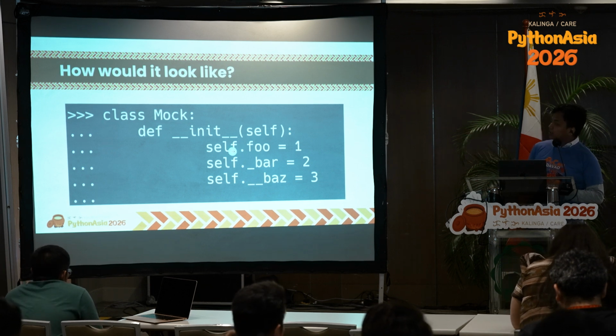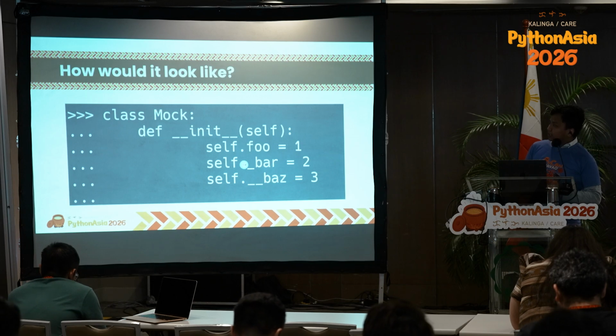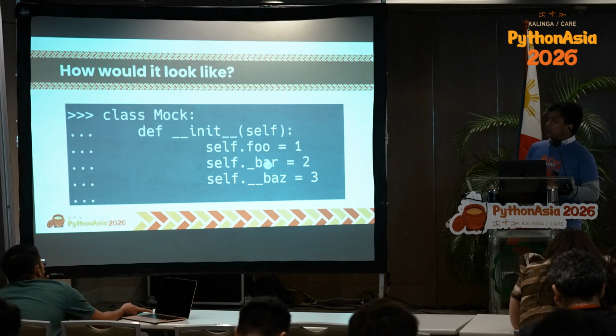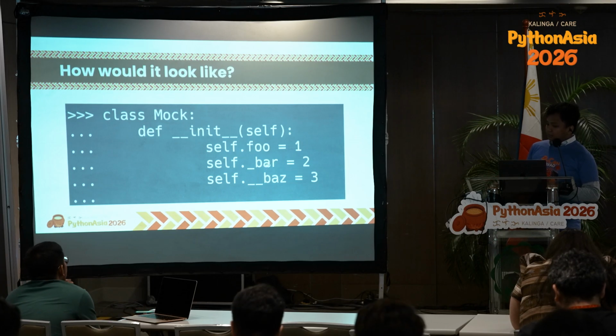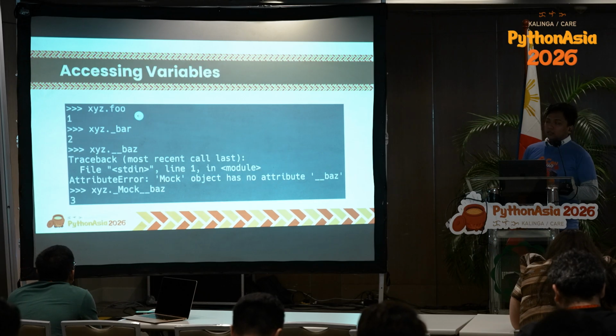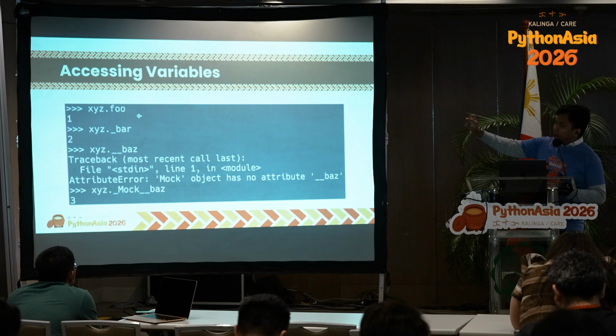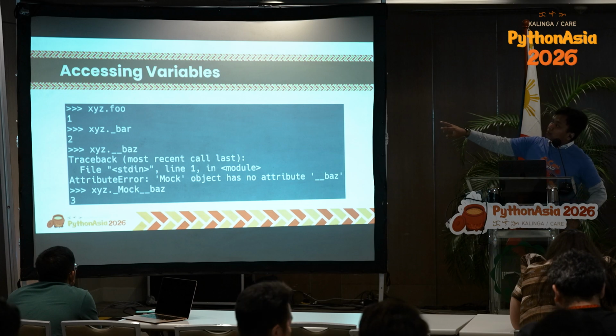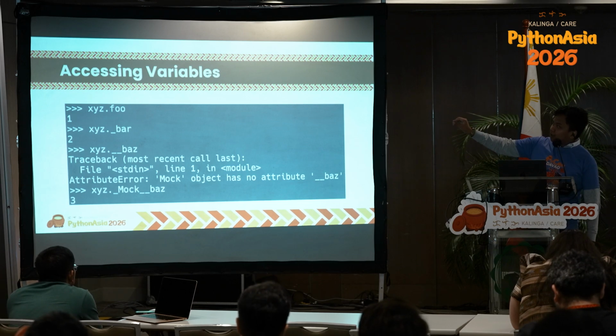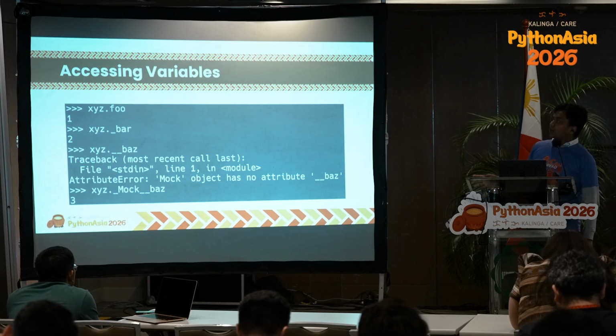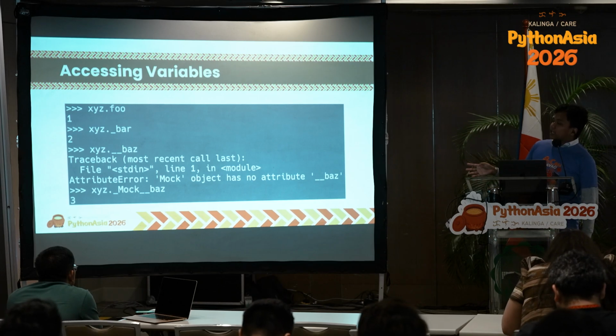The regular one, self.foo. The next one is self.bar with a single underscore, and self.__baz equals 3. You can clearly access the first variable, since it is just a regular instance variable, so it is easily accessible.